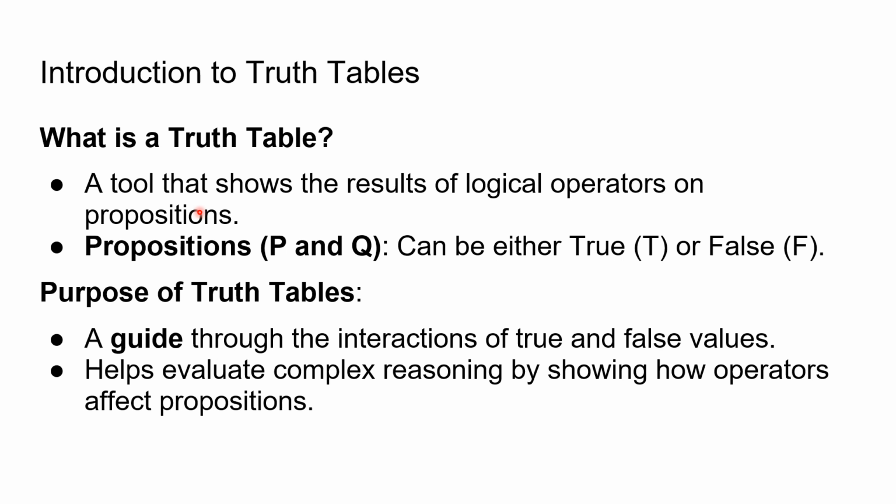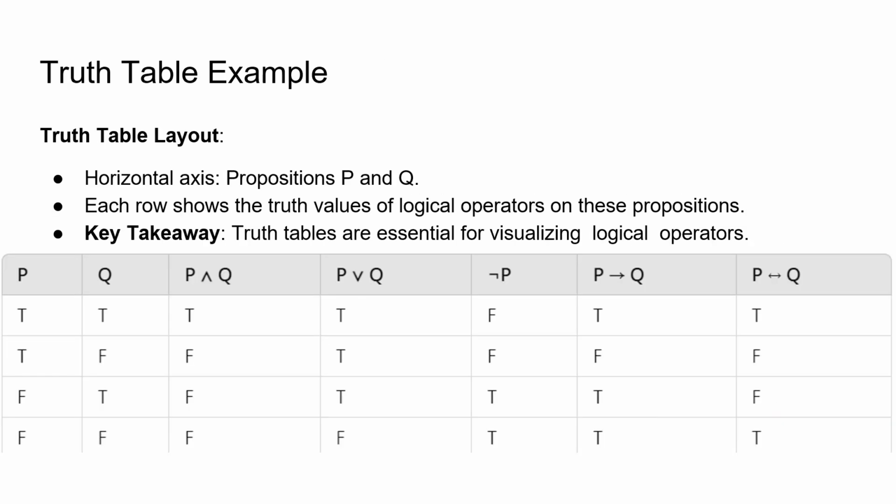A truth table can help us find the results of logical operators on propositions. With a truth table, we can evaluate complex reasoning by showing how operators affect propositions. So let's see an example.